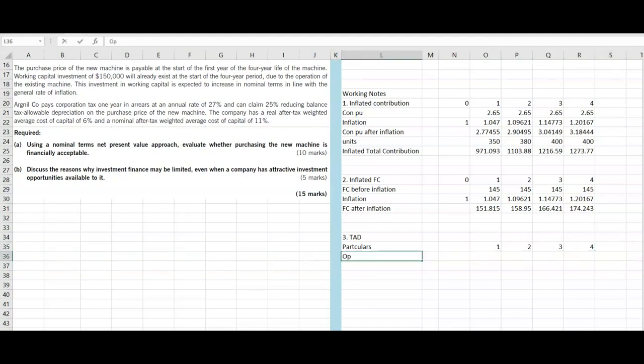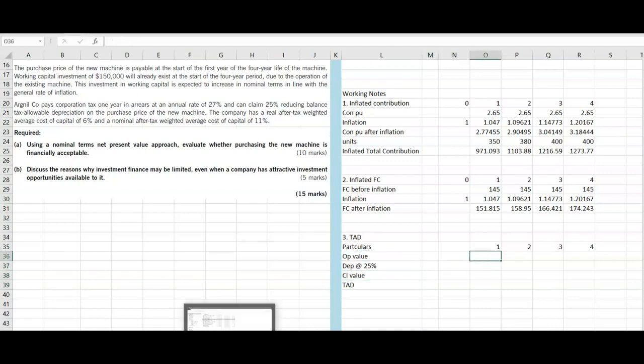We'll have opening value. We'll have depreciation, the depreciation is at 25%. So that is what is being mentioned here, at 25%. And we'll have the closing value. Okay, and the tax allowable depreciation, that is a benefit. So we'll start.